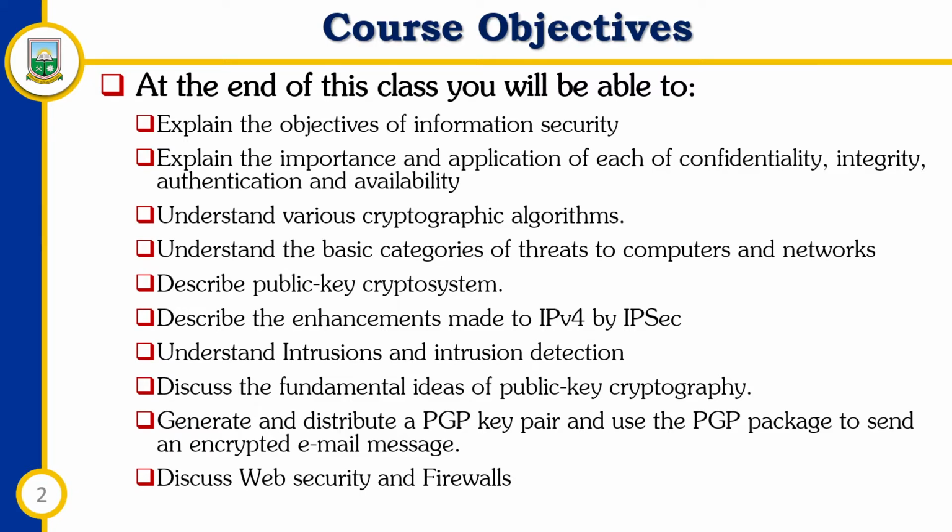And of course, they will be able to explain the essence and some application of each of the CIA triad or AIC triad, which I normally term as confidentiality, integrity, authentication, and also availability. Students will be able to understand various cryptographic algorithms and the basic categories of threats to computers and also to the network as a whole.